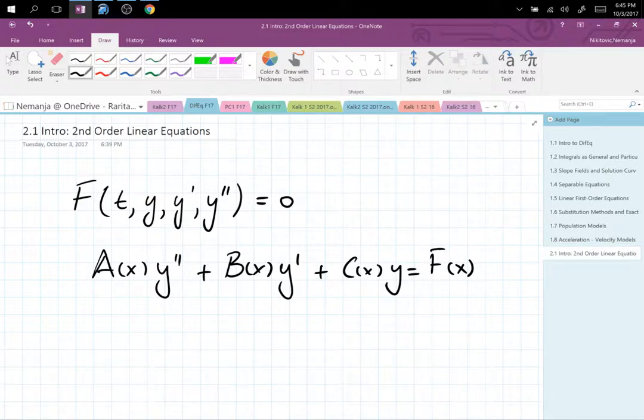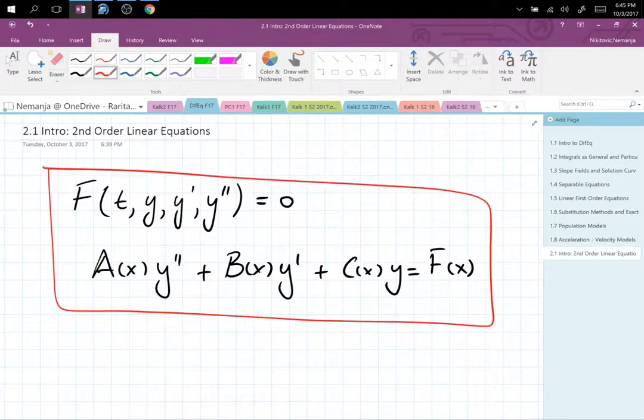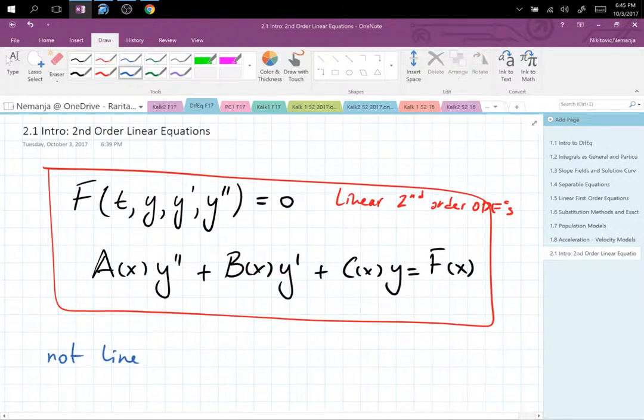So if equations are in this form, we would call them linear second order ODEs, ordinary differential equations. Now over here in blue I will say not linear, and I will write y double prime is equal to x y squared.